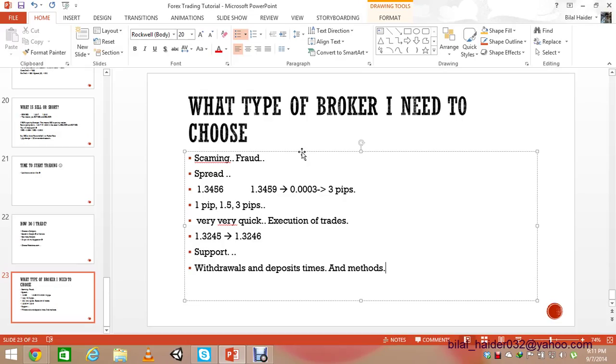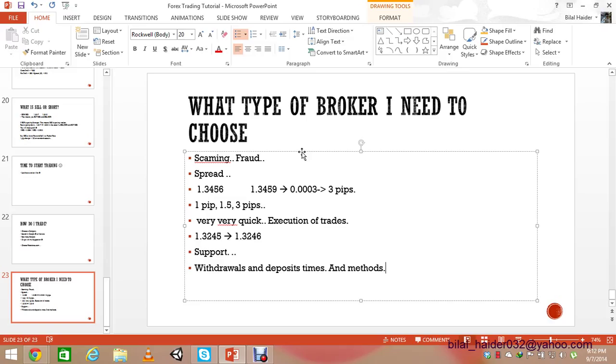Let's say I am in Pakistan and I want to invest some money, and the broker is offering investments only via PayPal, and not any other payment system.